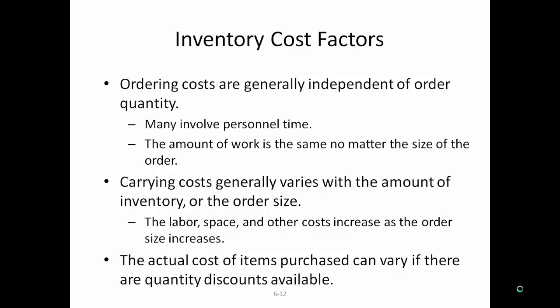While the carrying cost might also vary with the amount of the inventory. And the things that we look at include the labor, the space, and other costs, as shown on the previous slide, that it costs to carry an item.